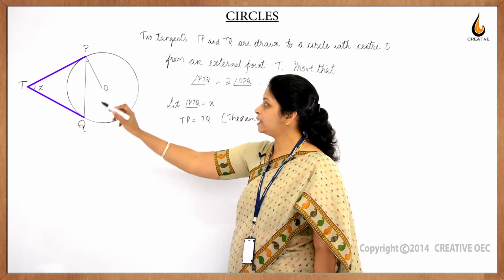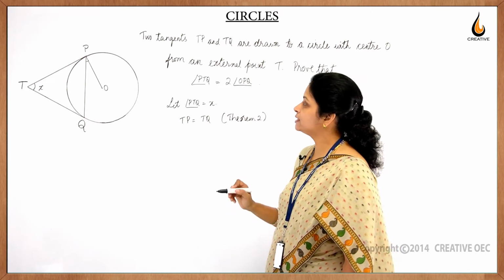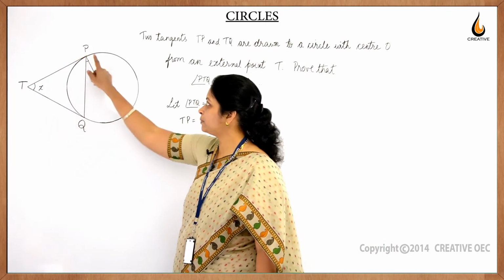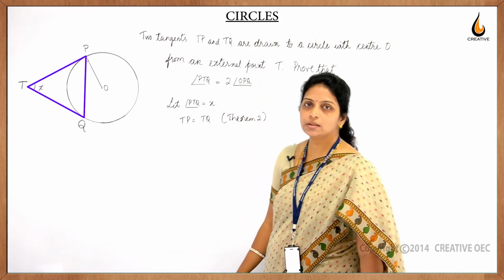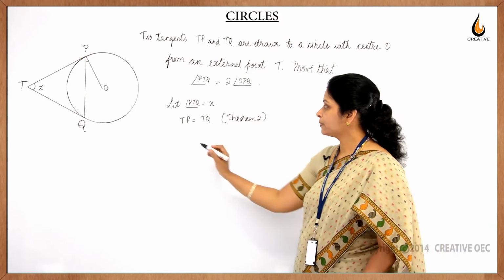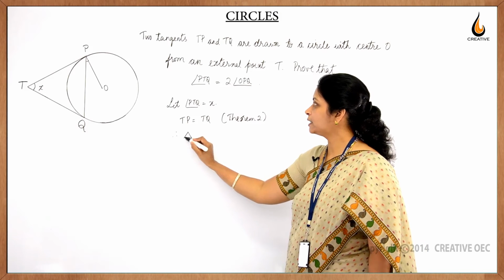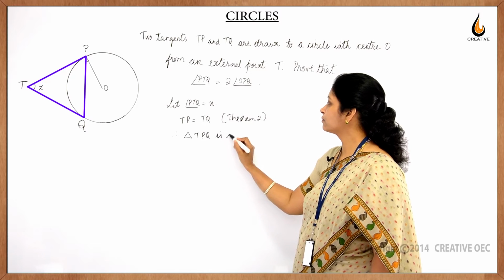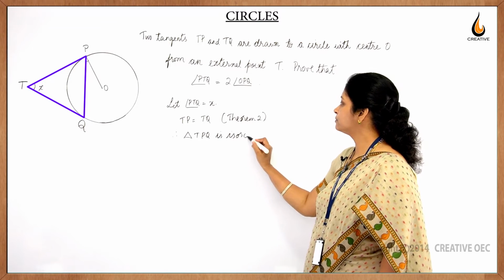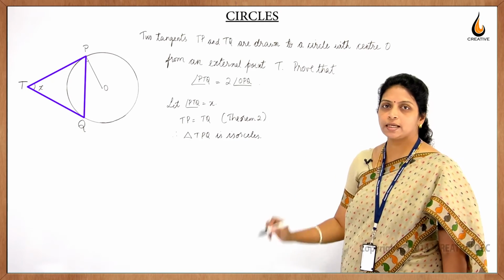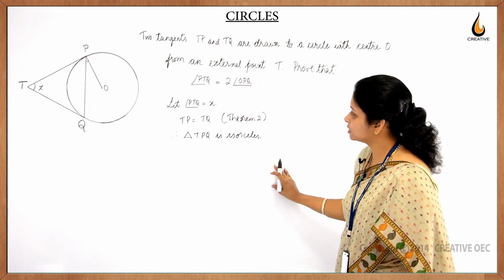Therefore, since TP and TQ are equal, we will consider the triangle TPQ. This will be an isosceles triangle because two sides are equal in that triangle. Therefore, triangle TPQ is isosceles. What is an isosceles triangle? A triangle in which any two sides are equal is called an isosceles triangle.